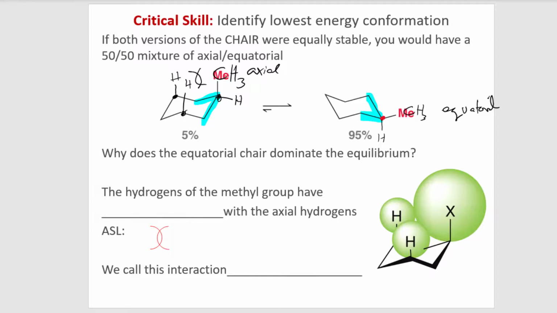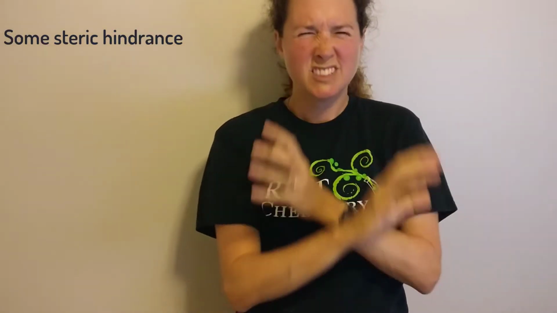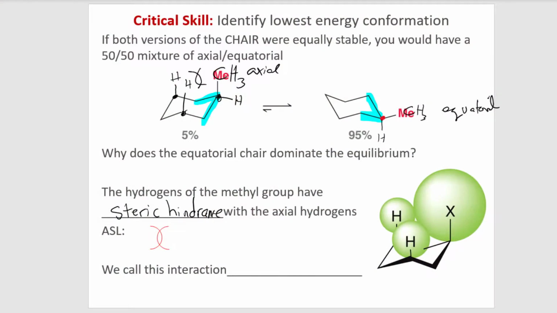So the hydrogens of the methyl group have steric hindrance with the axial hydrogens. And I've showed this steric hindrance sign to you before. We do something like this to represent the banging of the electron clouds. It's like these two clouds are just getting too close to each other and they're repelling, and it's called steric hindrance. More specifically, for cyclohexanes, we actually call this a 1,3 diaxial interaction.